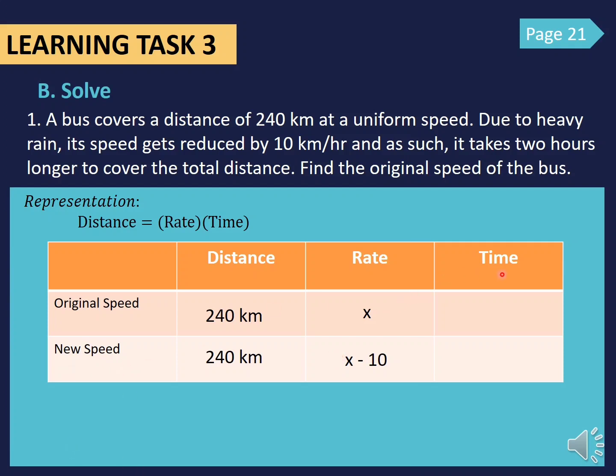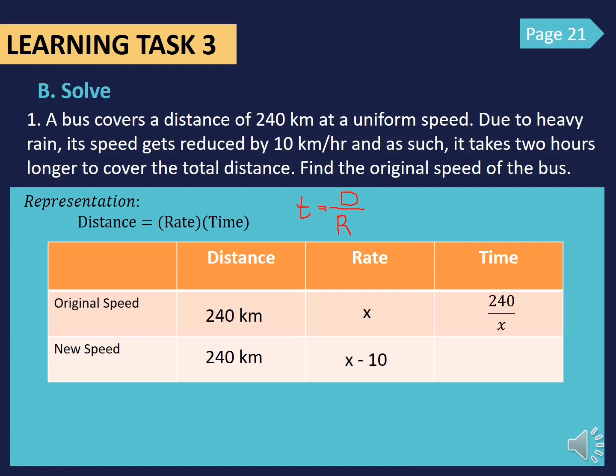So, how are we going to find the time? If ang distance natin is equal to rate times time, therefore, our time will be equal to distance over rate. Tama ba? Yes po. To find the time, kasi walang sinabi eh, it is equal to distance divided by the rate. So, ibig sabihin, i-divide natin si 240 by the rate, which is x.